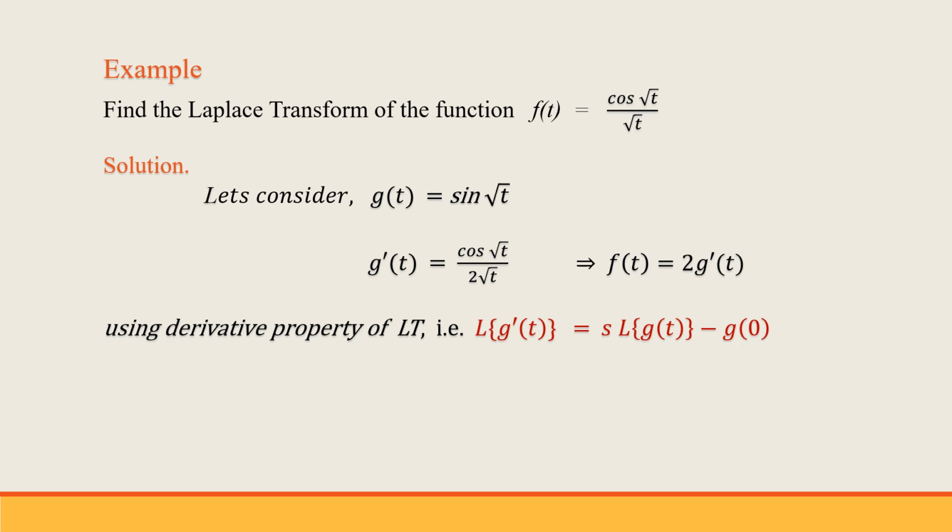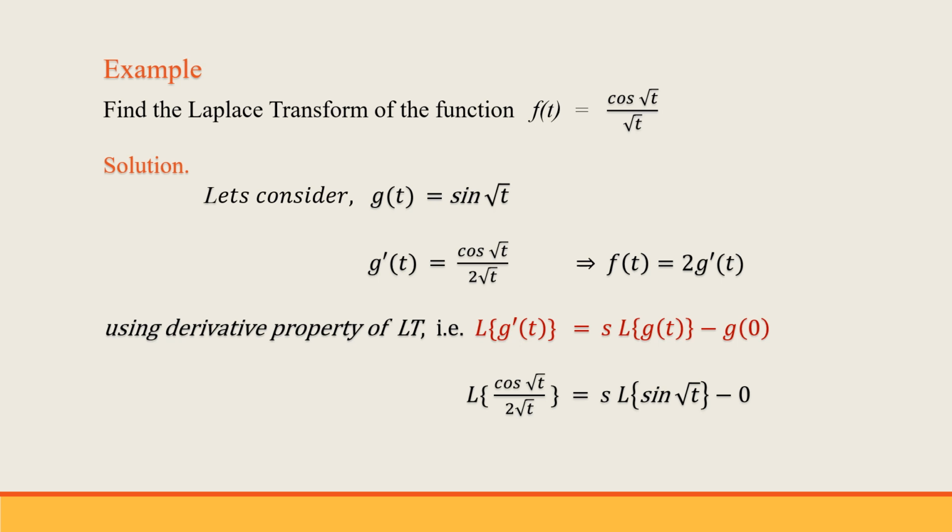So we get the Laplace transform of cos root t by 2 root t equal to s into the Laplace transform of sine root t minus 0, as g0 is 0 since sine 0 is 0.